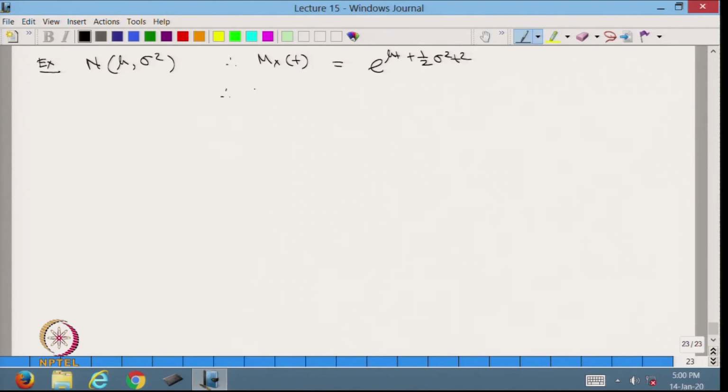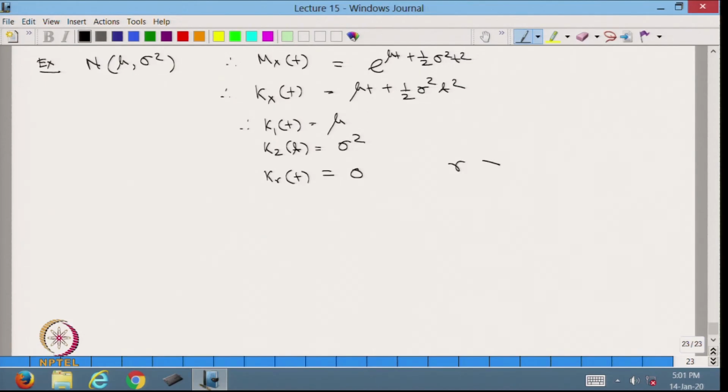Therefore, K_X(t) is equal to mu t plus half sigma square t square. Therefore, k1 is equal to mu, k2 is equal to sigma square, and k_r is equal to 0 for r greater than 2.